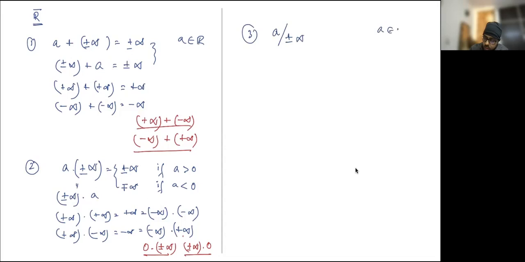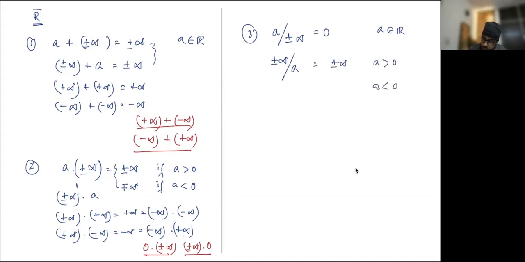If a is a real, this is defined to be 0, and here it would be like the case of multiplication. If a is positive, then it would be plus infinity or minus infinity exactly.